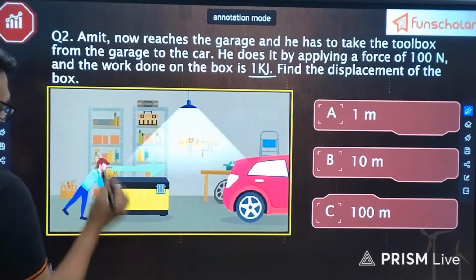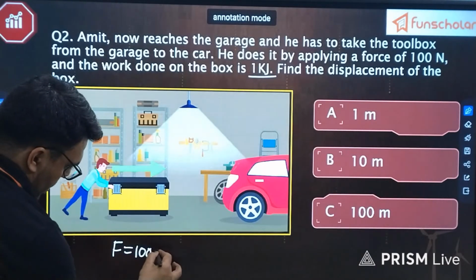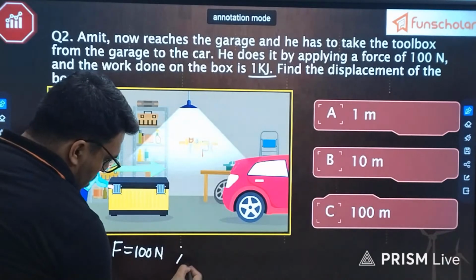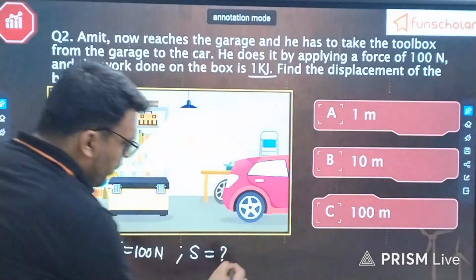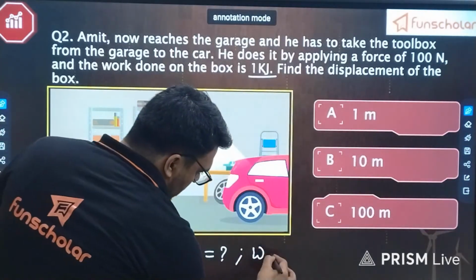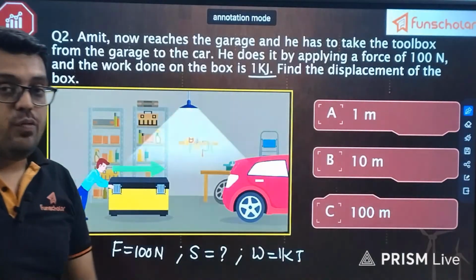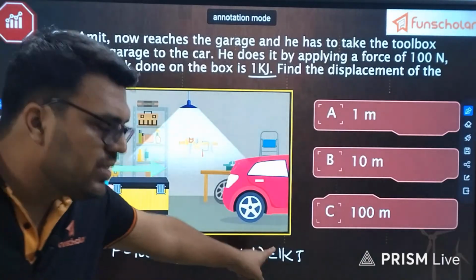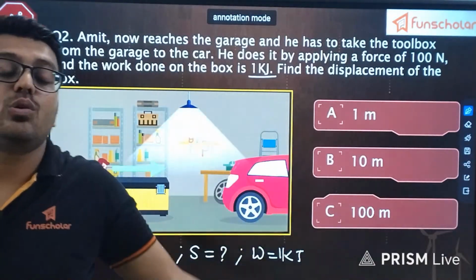So here we have been given force, that is 100 Newton. Displacement, is it given? No, that is something we have to find out. And the work done we have been given as 1 kilojoule. So first of all, you have to convert this into SI unit. It is not joule, it is 1 kilojoule.